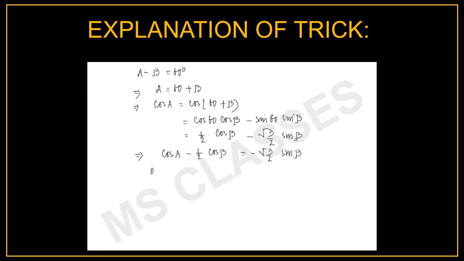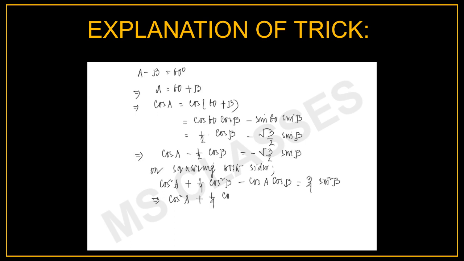and on squaring both sides, here cos square a plus 1 by 4 cos square b minus cos a cos b equal to 3 by 4 sine square b. Now this gives us cos square a plus 1 by 4 cos square b minus cos a cos b equal to 3 by 4 sine square b.